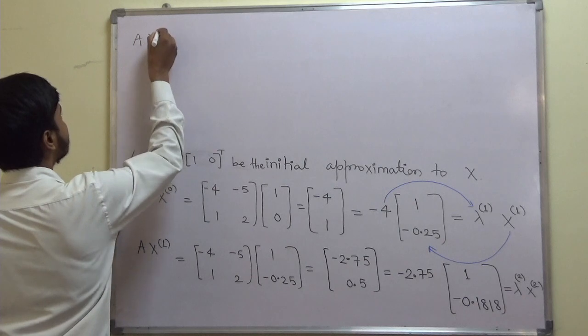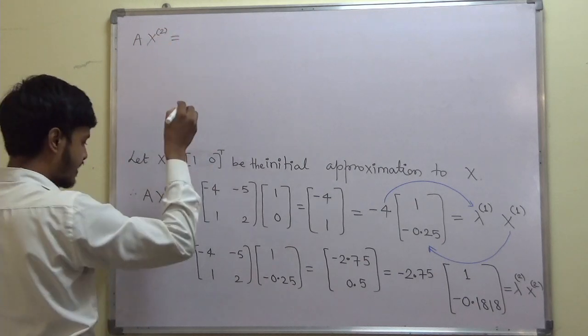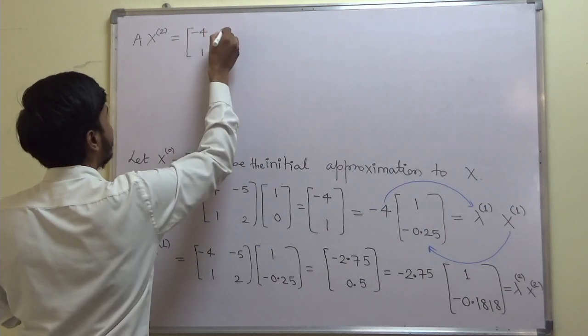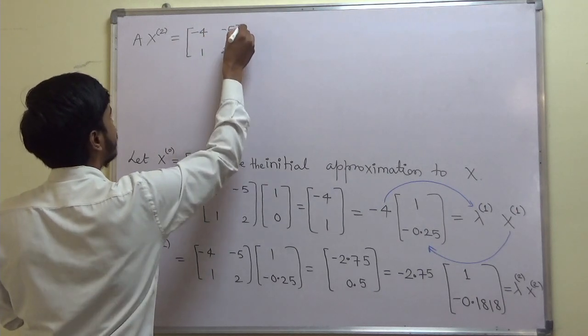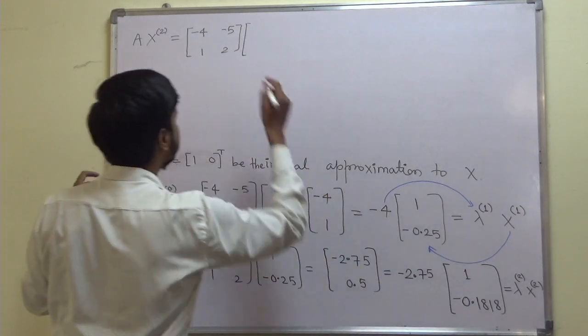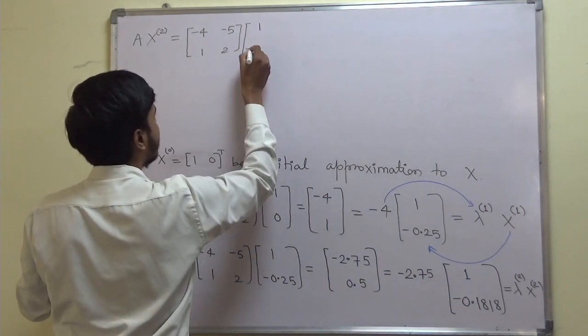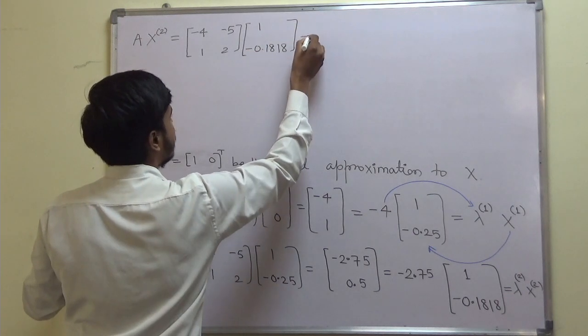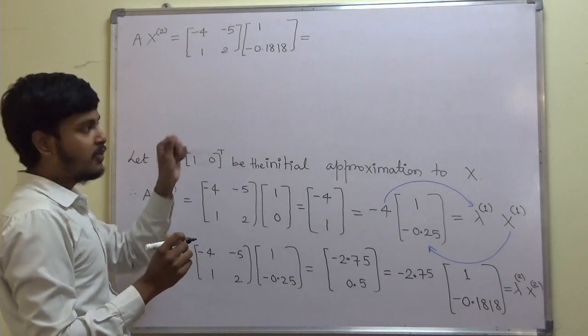Okay, so let us find out some more values, or like AX2. So AX2, what is AX2? AX2 is matrix minus 4, 1, minus 5, 2, operating on what vector we have? We have this vector 1 minus 0.1818. So when you solve this, what you'll be getting?